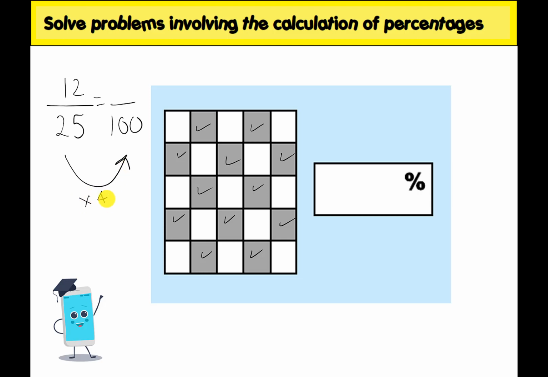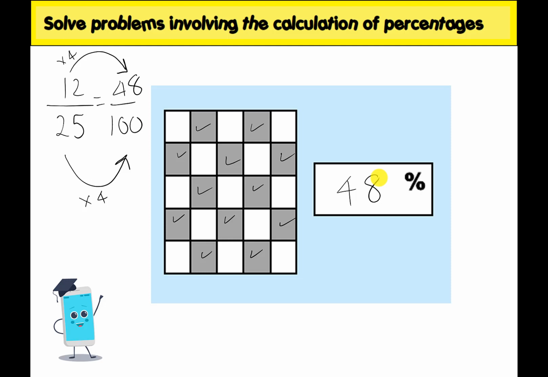It fits in 4 times. So I need to do the same to the top. So 12 times 4 is 48. The answer to my first one is 48%. So have a go at the other ones on your sheet now.